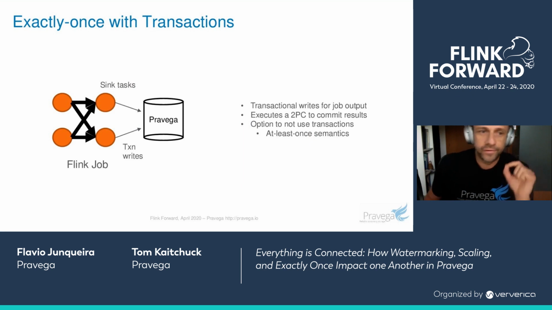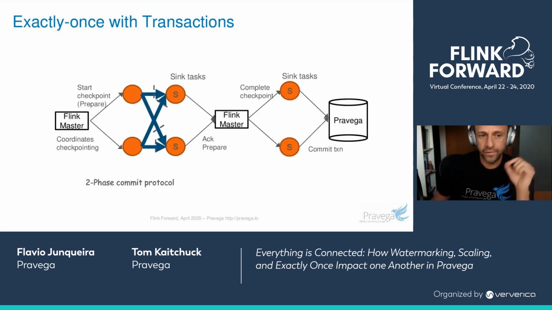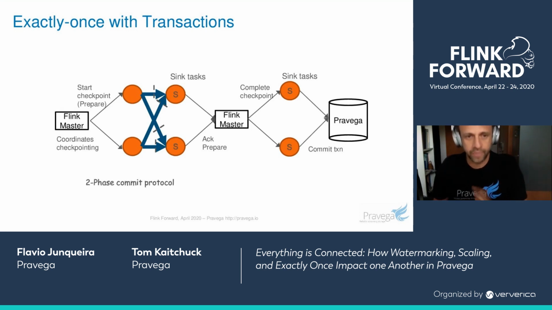In our connectors, we also enable exactly once end-to-end by using transactions. So we do enable transactional writes. That's one of the questions that was asked in the Q&A. The way this goes is, as I was saying, it starts with a checkpoint, and then the marks flow through the graph. When they reach the sink tasks, it's acknowledged to the Flink master, and when the Flink master receives from everyone, it tells the sink tasks to commit the transactions, and then that's done.